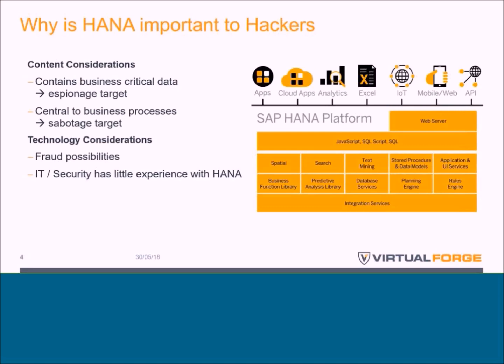With S/4HANA, especially as an ERP system for the HANA platform, there might not be all of the critical data in there, but for S/4HANA, definitely the business critical data is in there, and the business critical process is also in there. And that alone makes it interesting for an attacker to gain access to S/4HANA.